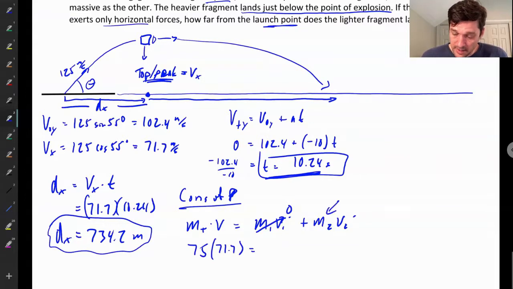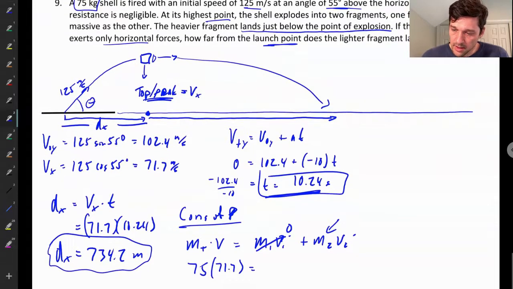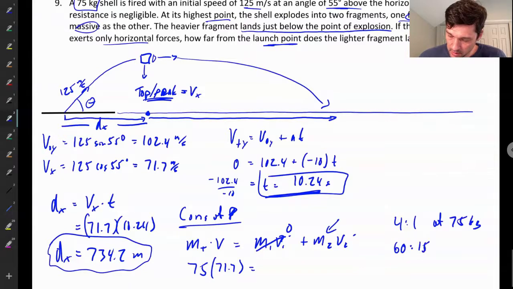But we need to know what the mass is of each of those. Well, we were told that it's going to be a ratio of 4 to 1. So if we break 75 kilograms into a 4 to 1 ratio, that's like 80-20. So 20% of 75 is 15 kilograms. I'm just saying that out loud because 4 to 1 of 75 kilograms is going to be 60 and 15, just proportions.